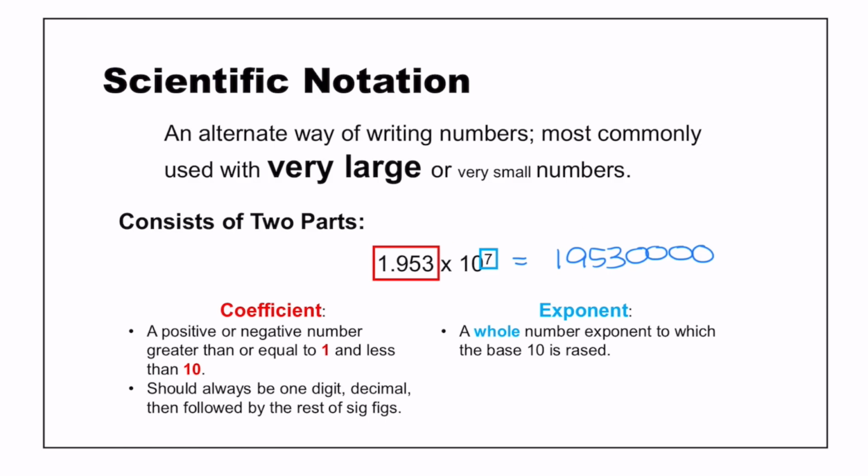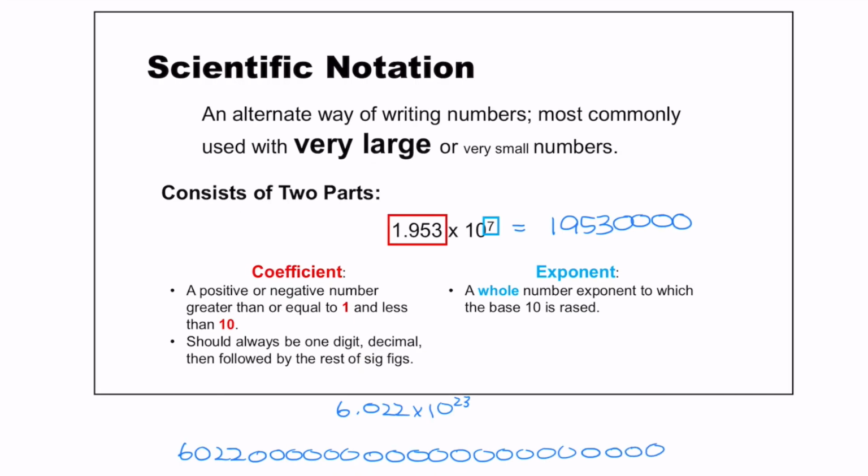And yes, for something like this, maybe, but in science, we use this number a lot, especially in chemistry. And this number is this long. And so we can't possibly be sitting here writing this number over and over again. It's just much easier to work with a number like this. So that's why we use scientific notation.